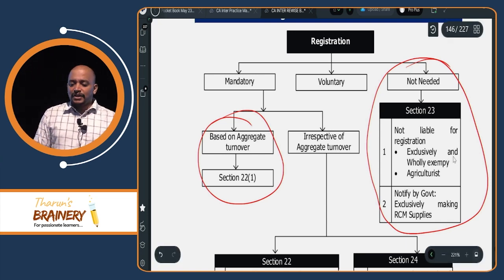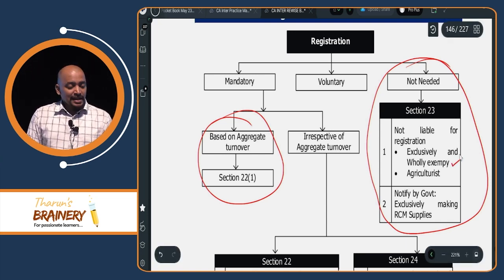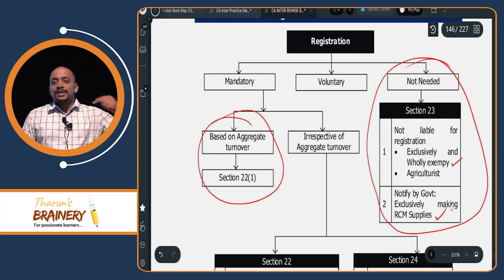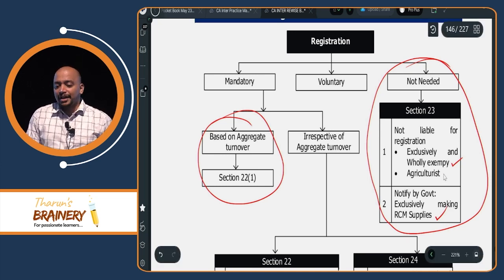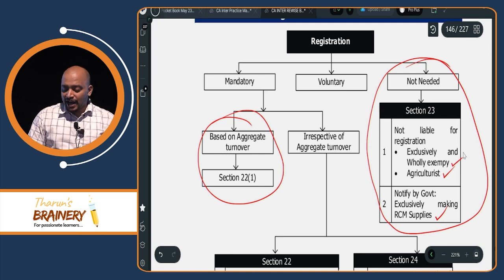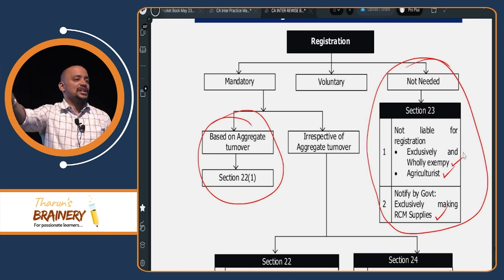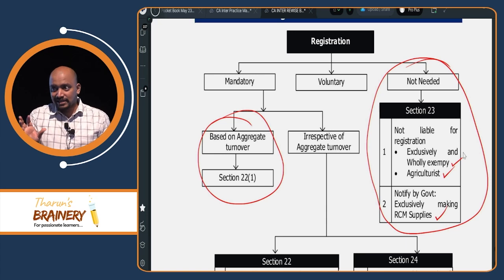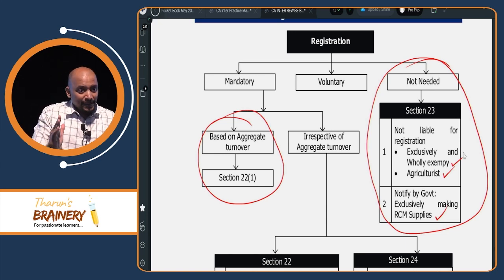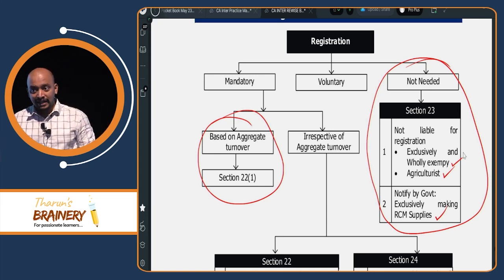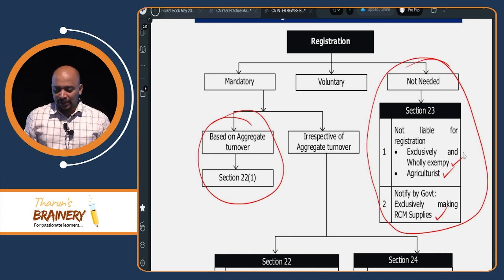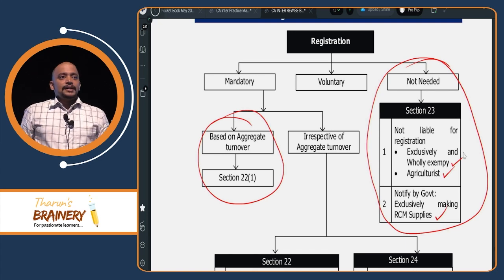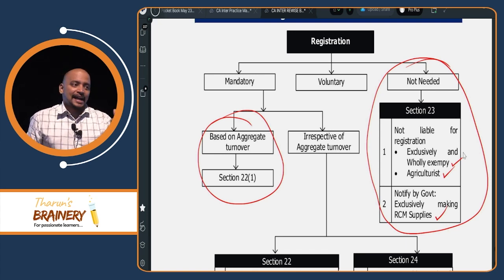If they are exclusively making exempted supplies, or if they are exclusively making RCM supplies, means outward supply is covered under RCM, or if they are an agriculturist, so they are engaged only in supply out of cultivation of land. Let that be taxable goods or exempted goods. Example, rubber. Natural rubber is taxable.